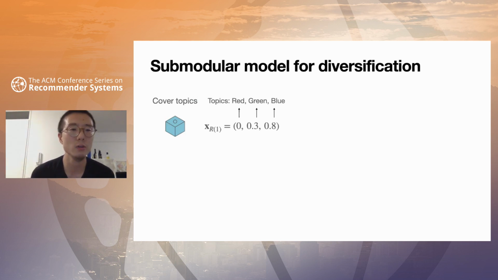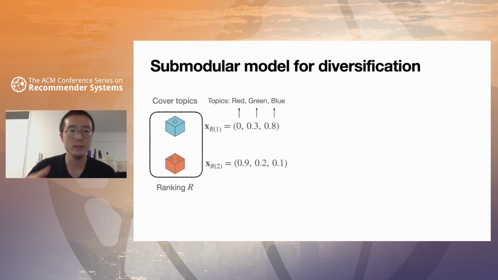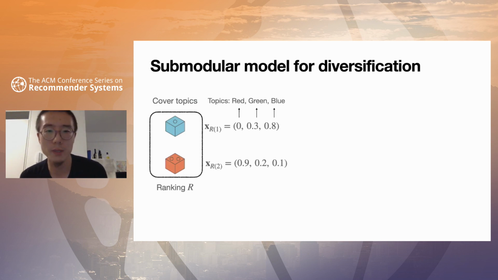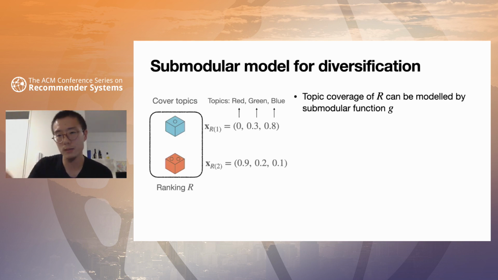For example, a cube covers three topics, red, green, and blue, and it covers part of the topic. Then we add another item to the ranked list, and that item can also cover other topics. As a ranked list, we are talking about what the topic coverage of the ranked list is, and this can be modeled by a submodular model.